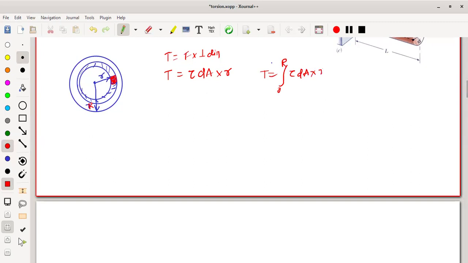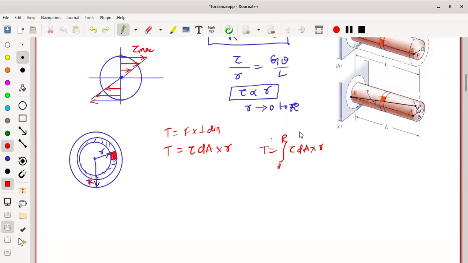In place of tau, we can substitute this value. Therefore, T is equal to, in place of tau, G theta by L into r, so it is G theta r divided by L into r into dA.